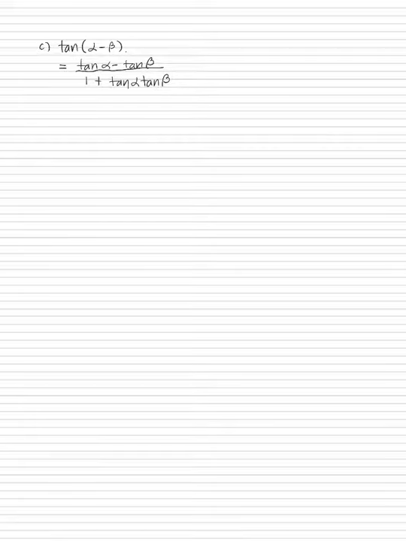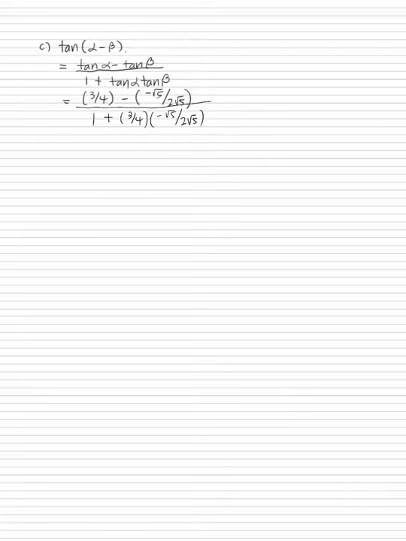Okay, so this is same thing as 3/4 minus (-√5/2√5), because tangent is opposite over adjacent. And this whole thing over 1 plus 3 over 4 and negative root 5 over 2 root 5.